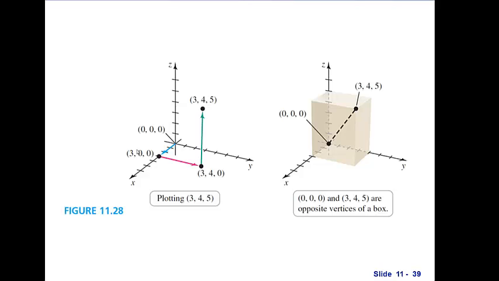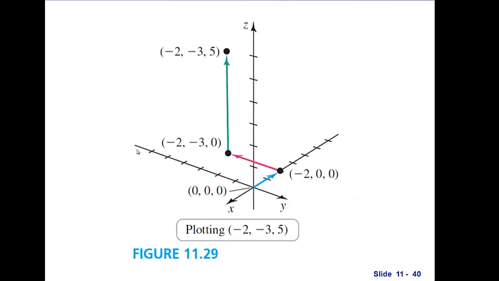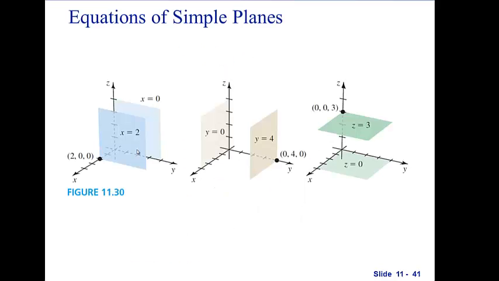So here we have the point located within XYZ space. And of course, if we take another point, (-2, -3, 5), then we go 2 units in the negative direction of the x-axis, then 3 units in the negative direction of the y-axis, and then 5 units up. So this is fairly clear. We just add the third coordinate here.